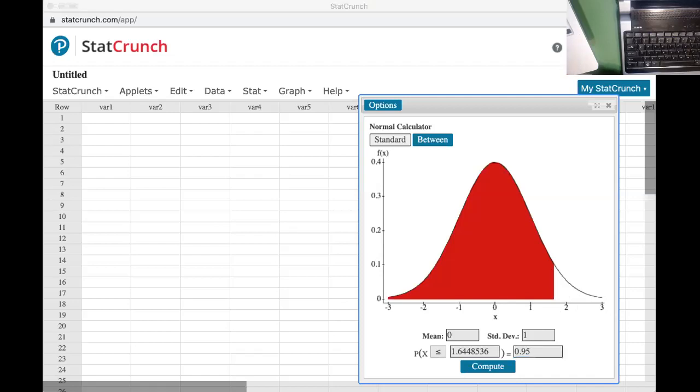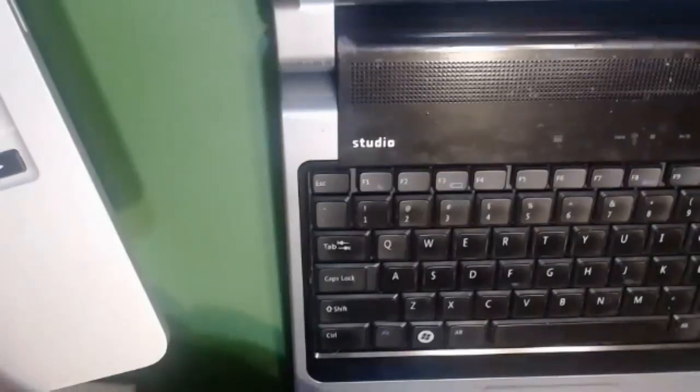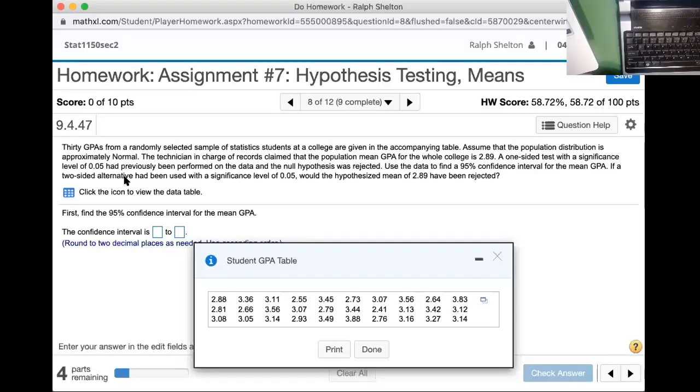If I can get back into the problem here, okay, there's the problem. I want to do another share operation so you can see that. Share, where's the problem? Here it is. You should see the problem now.